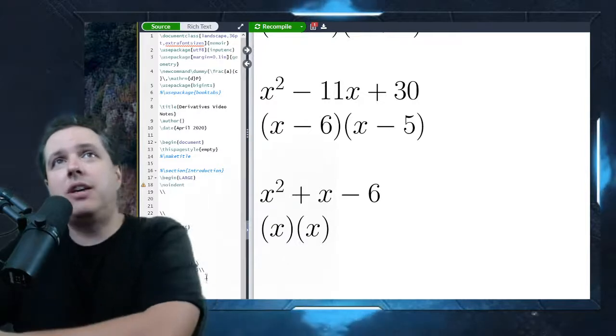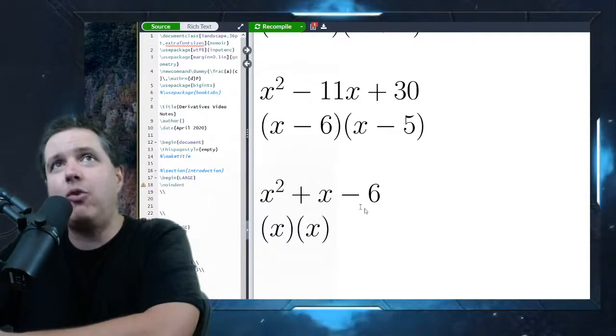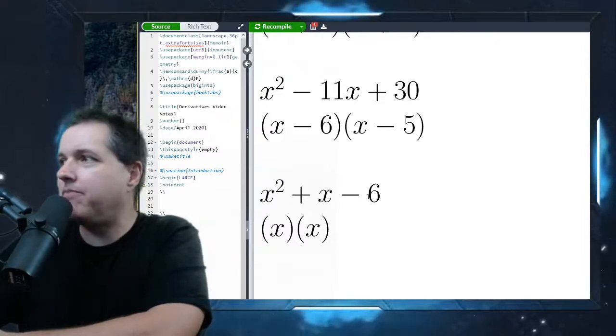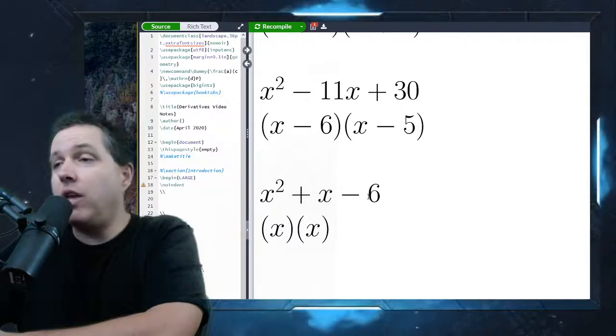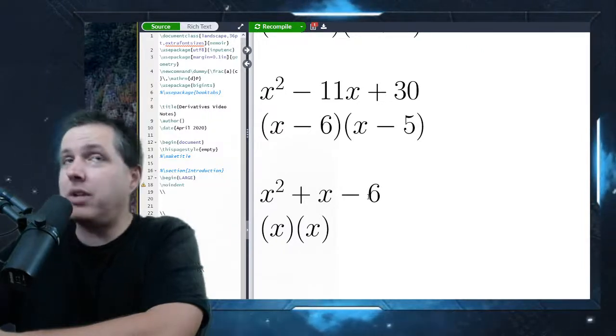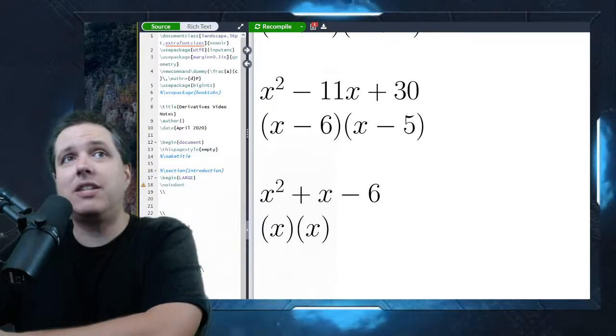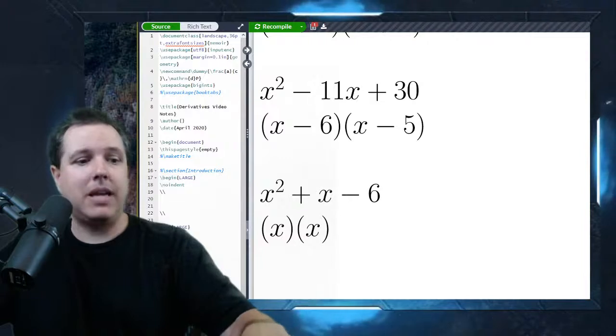And now this is a little different. Look, the constant term here, the L part of my FOIL, I got a negative number this time. So what does that mean? That means that the only way you can get a negative in a multiplication is if the signs are different. So one was a plus and one was a minus. So that tells us that down here we're going to get an x plus and an x minus.